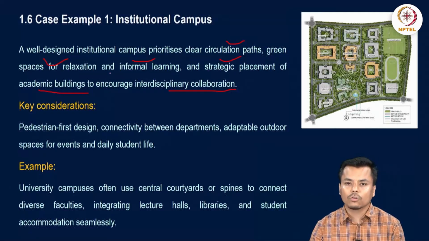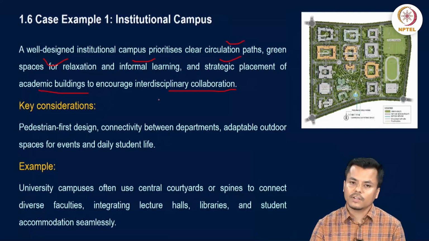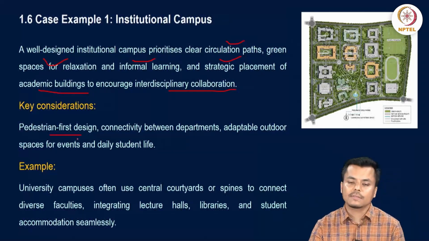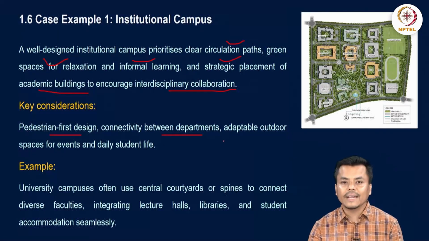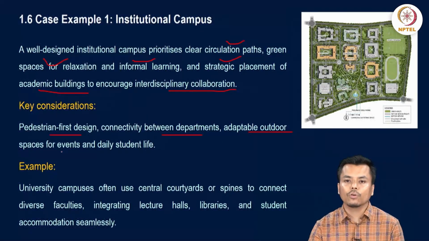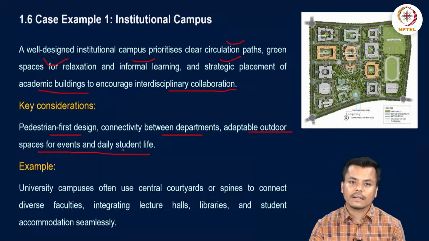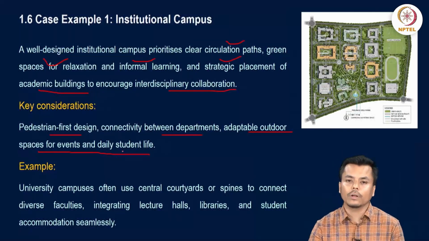To incorporate all these features, the design consideration should include pedestrian first design, that is you should prioritize the pedestrians within the institutional campus. What sort of planning is done in that case? Connectivity between departments, how they are interconnected, and adaptable outdoor spaces for events and daily student life. These are the design considerations that have to be followed in the site plan.